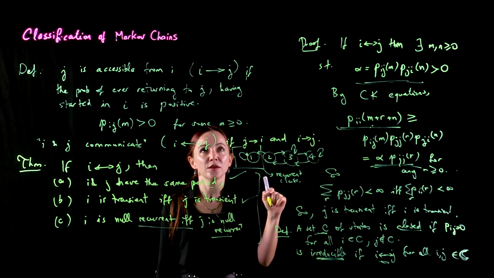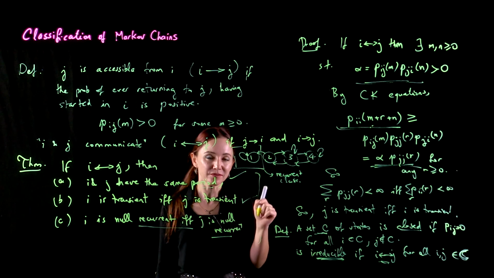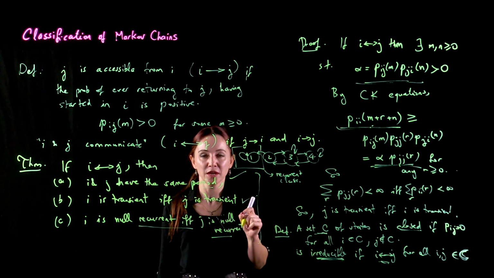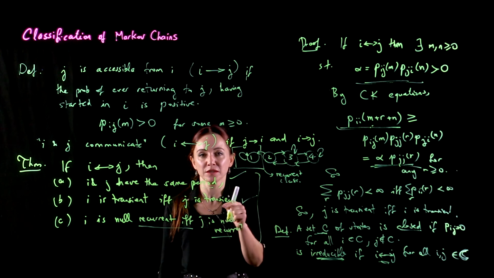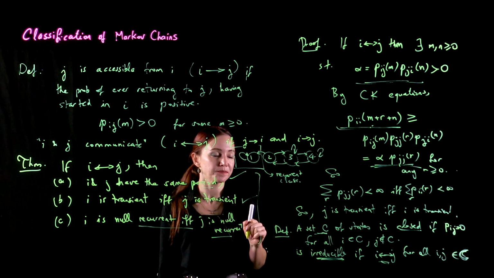Remember the walking off the cliff example from several lectures ago, where position 1 was an absorbing state.